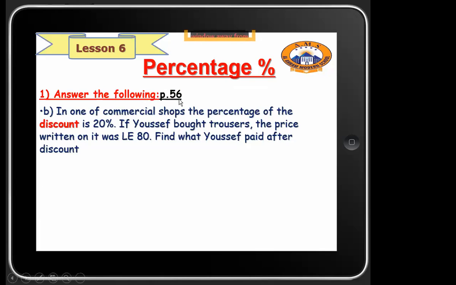Now I want you to open page 56. Open page 56, please, in your booklet. And I would like, who can read this one? Kenzie. Kenzie, can you hear me? Kenzie is on mute. Okay.